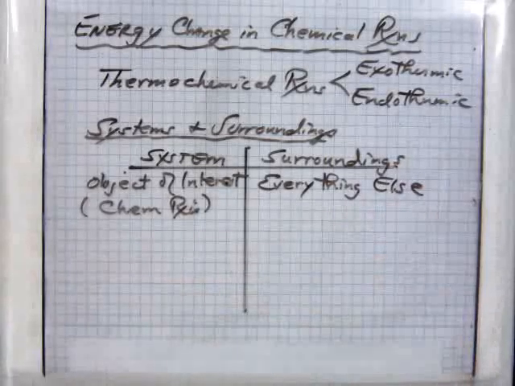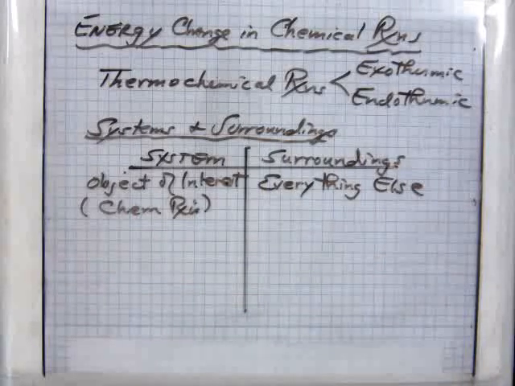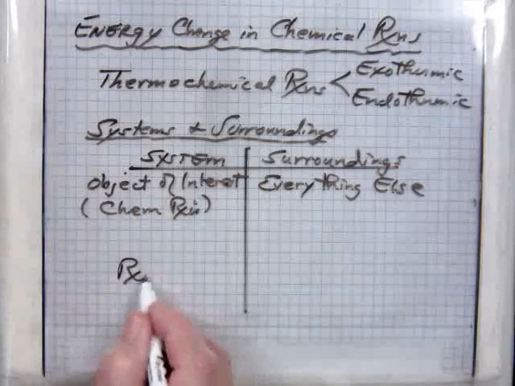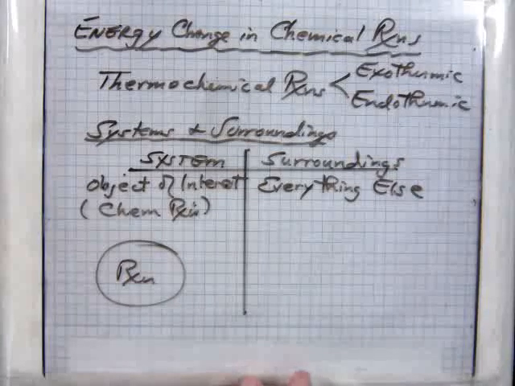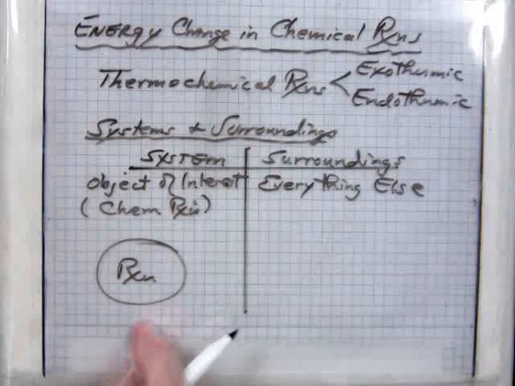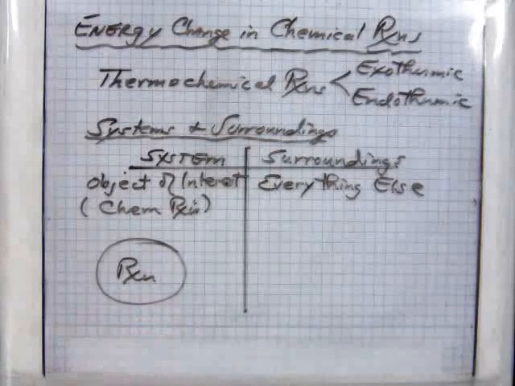Okay? So what we're looking at is, say, a reaction. That includes both the reactant side and the product side, all in one category. So we can say reaction in this circle right here. Now, in the process of that reaction, the reaction is either going to be losing energy or gaining energy.